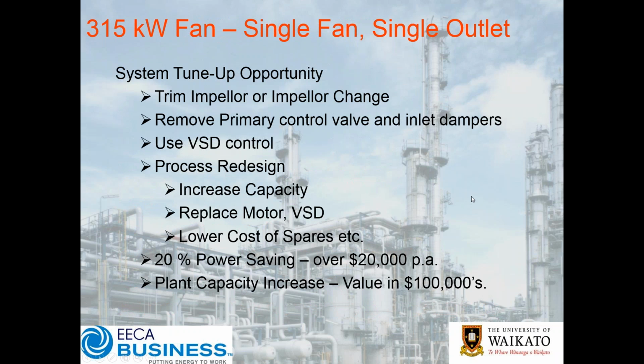So what was the opportunity here with this system? Well, in real simple terms, the thing that needed to change was that the fan was actually too big. And so the question arises, well, okay, is it that we just need to run the system a lot harder and do a lot more, and is that potentially an option? And it may well be.